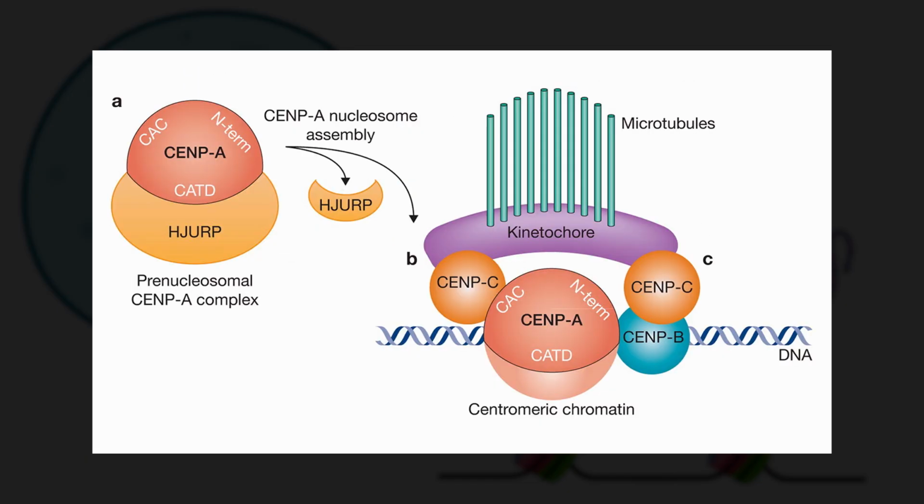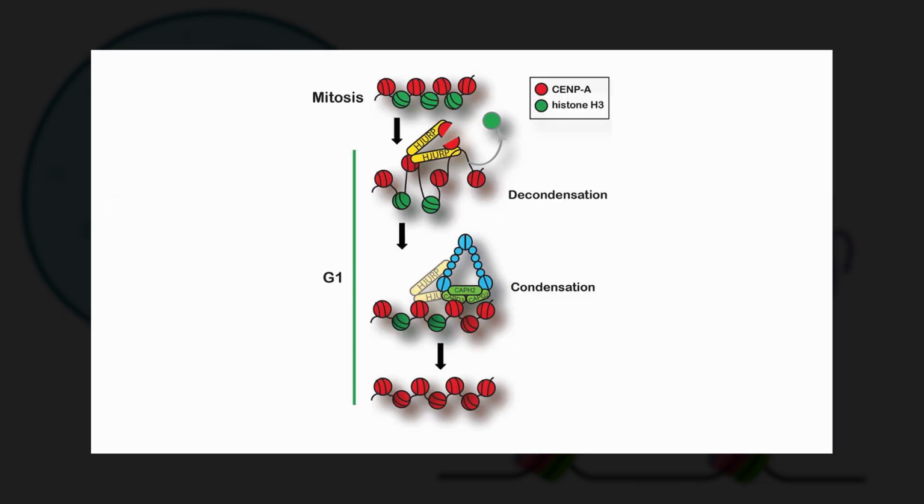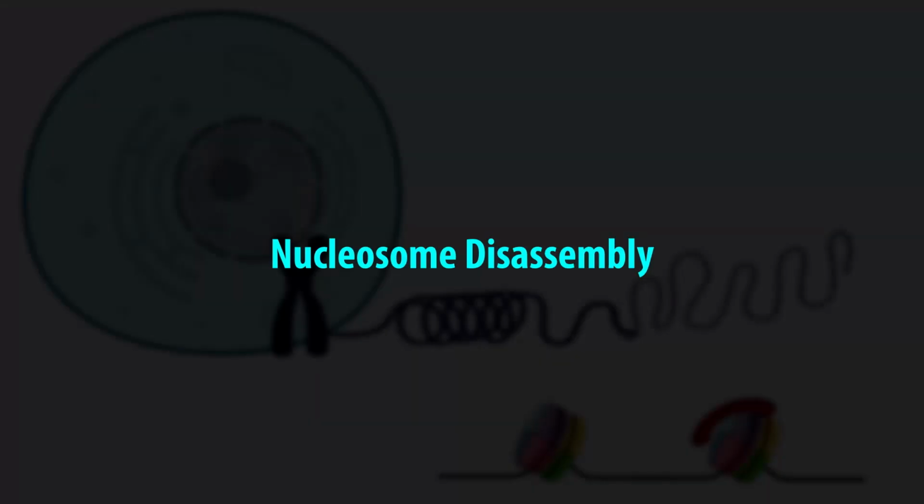Variants such as centromere protein A, or the CENP-A, replace canonical H3 at centromeres, where Holliday junction recognition protein, or HJURP, assembles them, ensuring kinetochore formation and faithful chromosome segregation. Together, these systems maintain genome integrity and regulate chromatin dynamics.